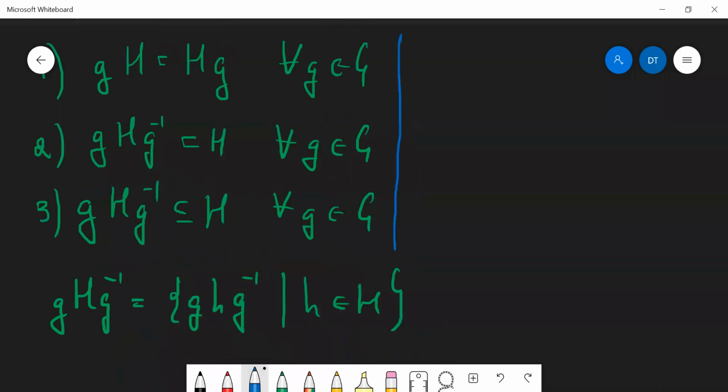H is a subset in G. When you multiply it on the left and on the right, you will get a probably different subset in G. So you have two subsets, and the equality is the usual equality of subsets. These and these are the same subsets inside G. This is what the equality means. Oh, that's equality, I see.